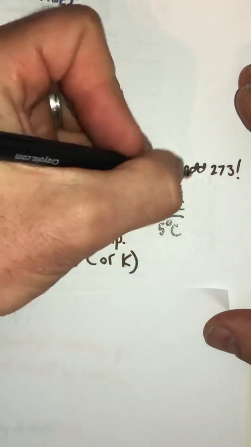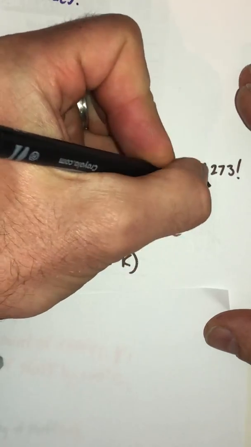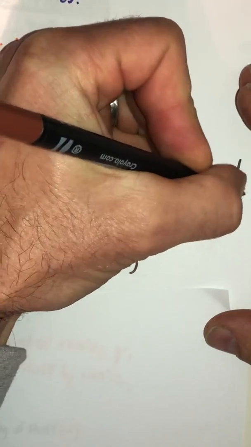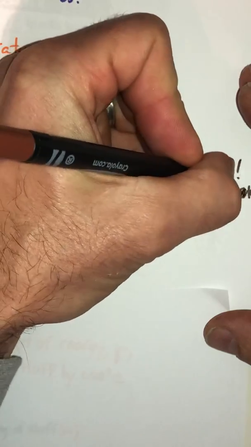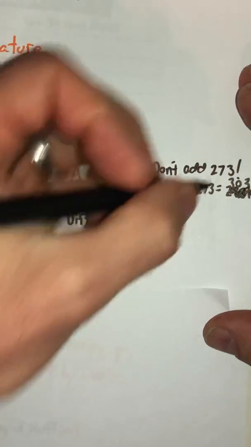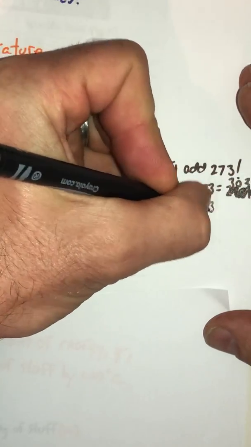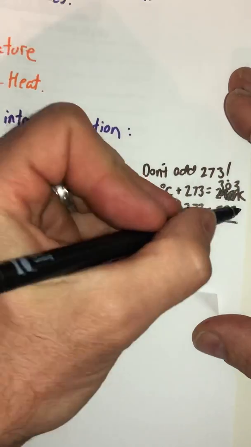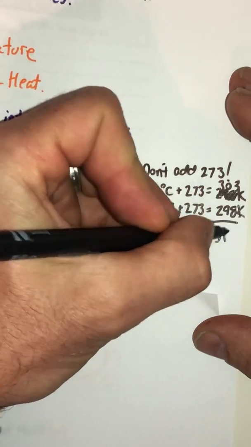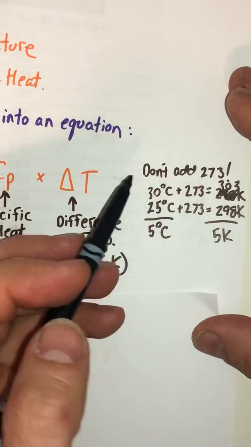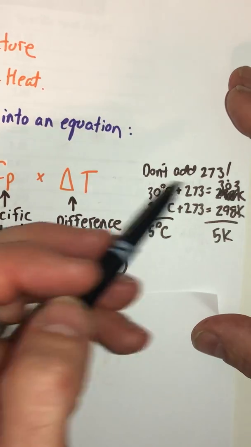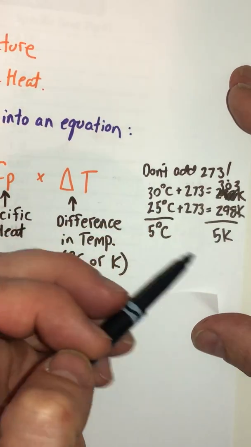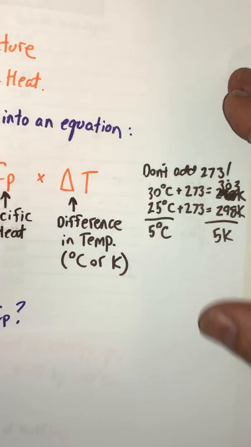Well, if we add 273 to those, 273, that's 298. If we add that's 303. If we add 273 to this, that's 298. What's the difference in Kelvin? It's still 5. So if you get it in Celsius, keep your difference in Celsius. If you get it in Kelvin, just keep it in Kelvin because the differences are the same.